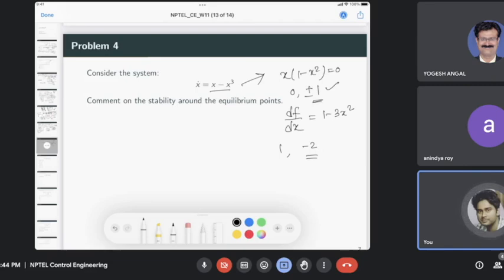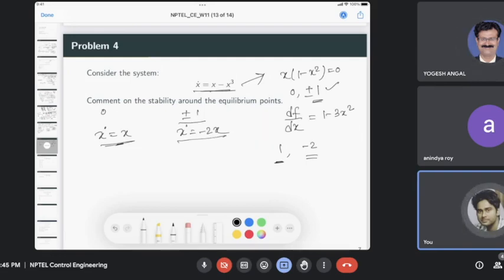So the approximation around the 0 point is x dot equal to x, where the A matrix is 1, one dimension only, and around plus minus 1 it will be x dot equal to minus 2x. This is just a linear approximation of the system around these equilibrium points.